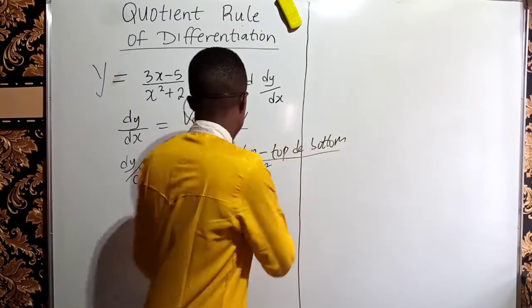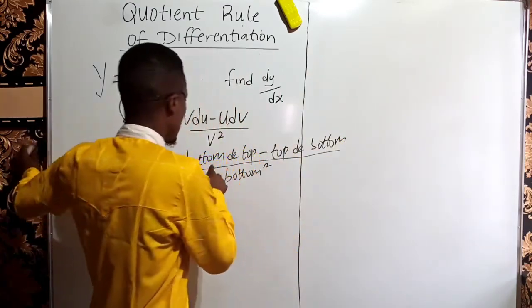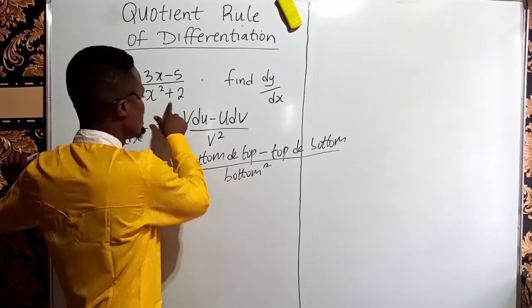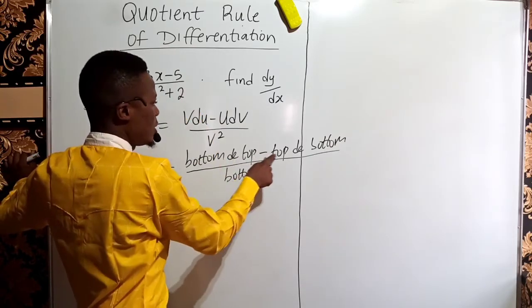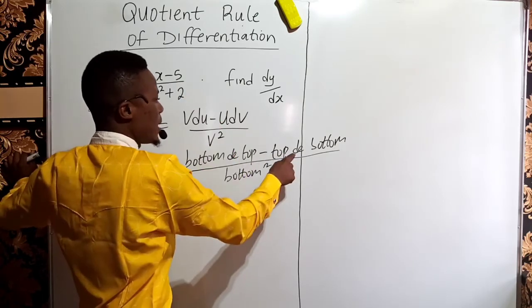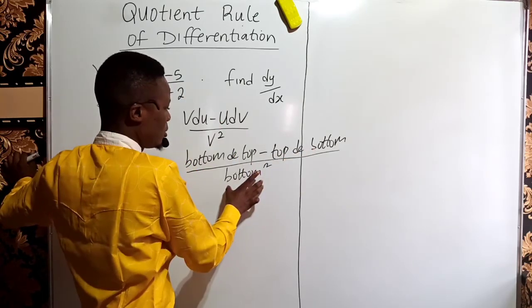So bottom d-top means bottom, which is your denominator, multiplying the differentiation of the top, the numerator, minus top again, multiplying the differentiation of the bottom, all over bottom squared.